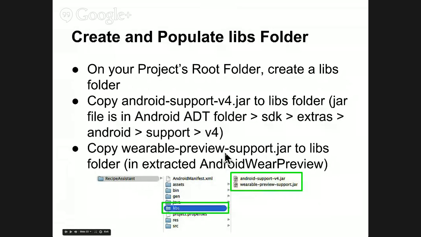The first file you can get in your Eclipse folder: SDK extras, Android support v4. There's going to be this jar file. You copy it back to libs, and then the second file comes with a zip that you downloaded from the first link on the email from Google.